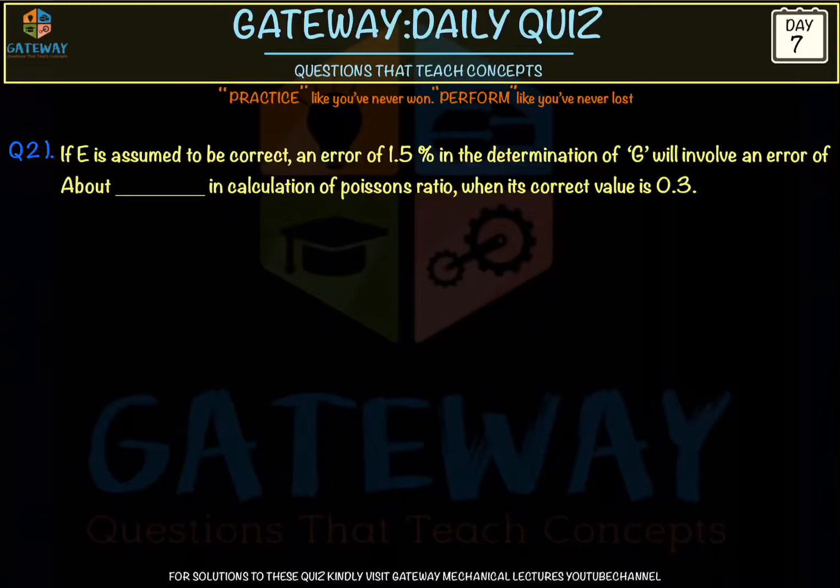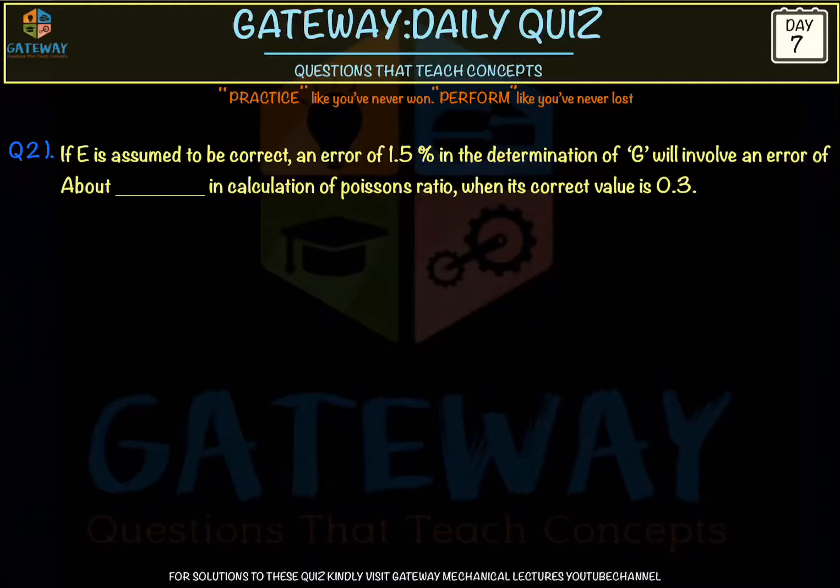So when we are calculating Poisson's ratio, when E and G are known, the E value is taken as correct, but while taking the G value there is an error of 1.5%. Since it is a positive error, 1.5% more than the value of G was taken, right? And then Poisson's ratio is calculated. Then what can be the possible error in Poisson's ratio when the actual value of Poisson's ratio is 0.3?